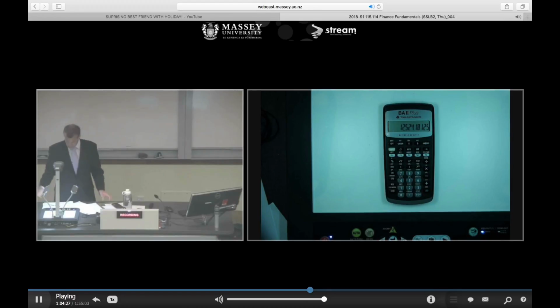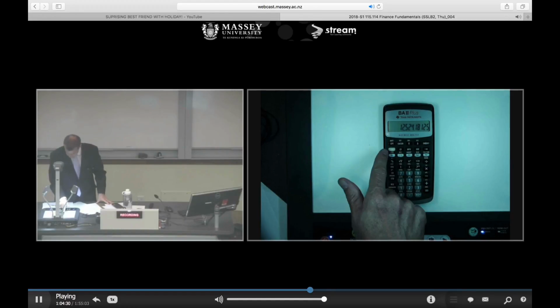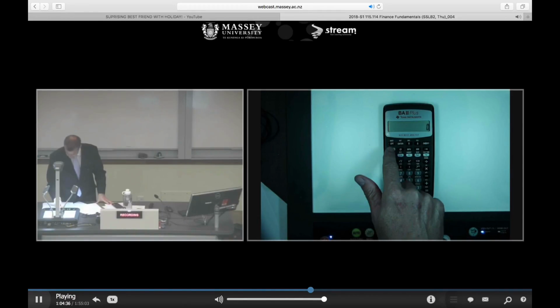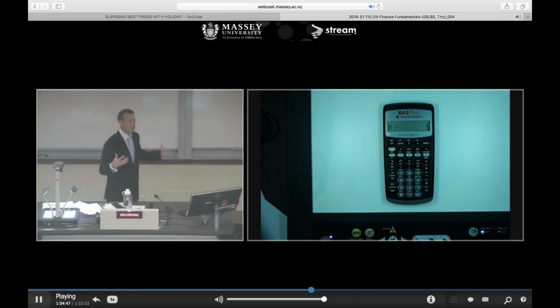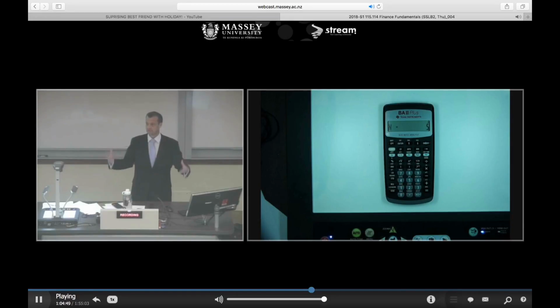At the moment in my calculator you'll see I have data already stored in here. I've still got the 80,000 from the previous question, I've still got 0 for present value, I've still got n equals 5. So my previous calculation that I've made is already stored in here.